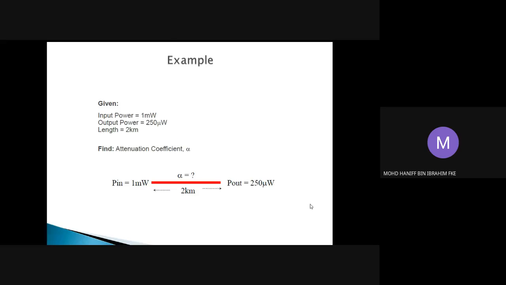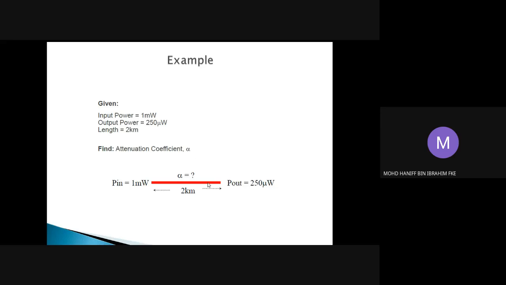Okay, let's have a look at the second example here. It's about the same questions, but we change the scope a bit. The input power is 1 milliwatt, as shown in this diagram, the output is 250 microwatt, and the length of the fiber is 2 kilometers. The question is to find the coefficient alpha.